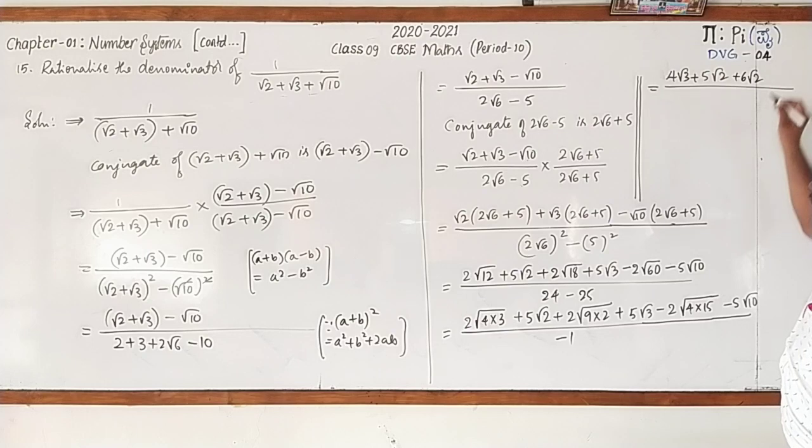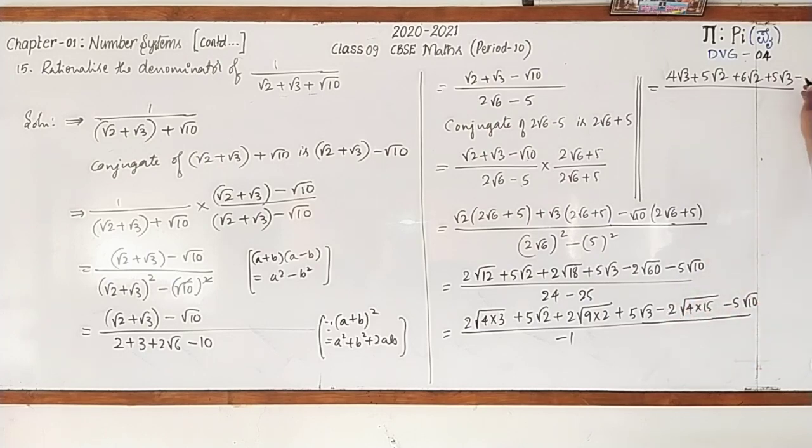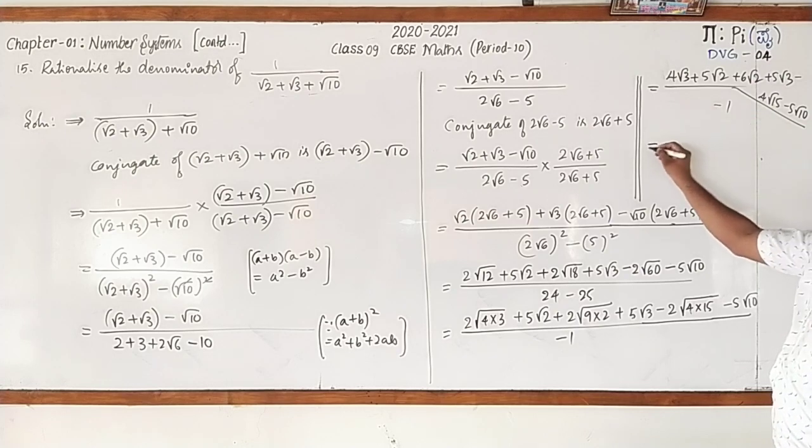Next, plus 5 into root 3, minus, here the square root of 4 is 2. 2 2s are 4. 4 into root 15, minus 5 root 10, whole divided by minus 1.